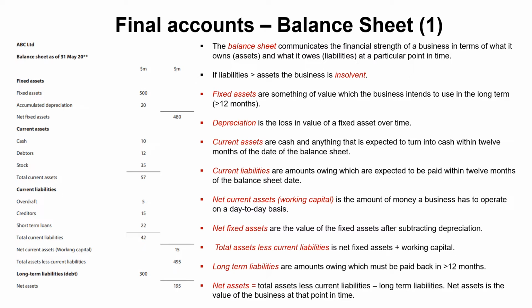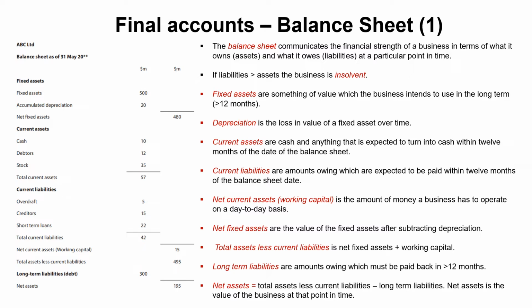Then you look at current assets. Current assets are your short-term assets, and they're defined as cash or anything you expect to turn into cash within 12 months of the balance sheet date. Now you add those current assets together, and just below that you'll see current liabilities. Current liabilities are short-term in the sense of amounts of money you have to pay back in less than 12 months.